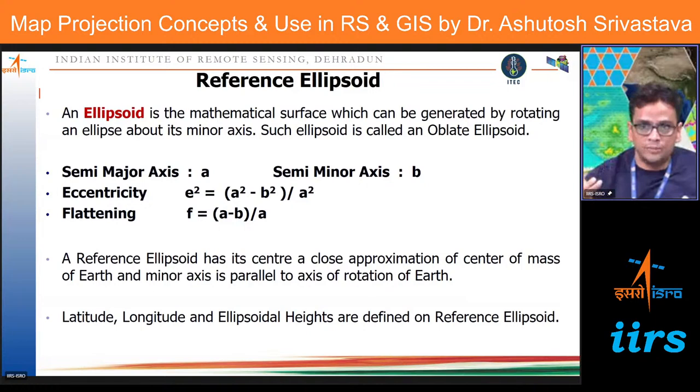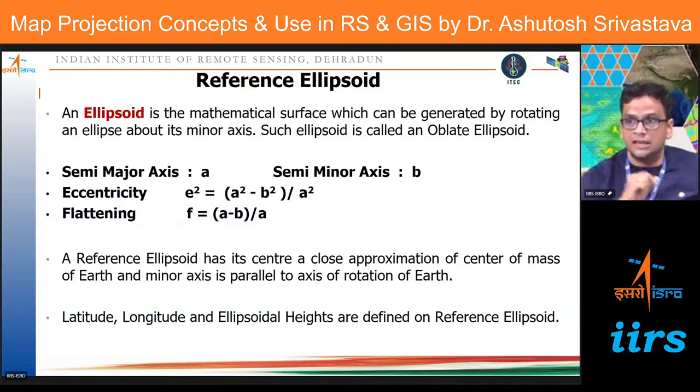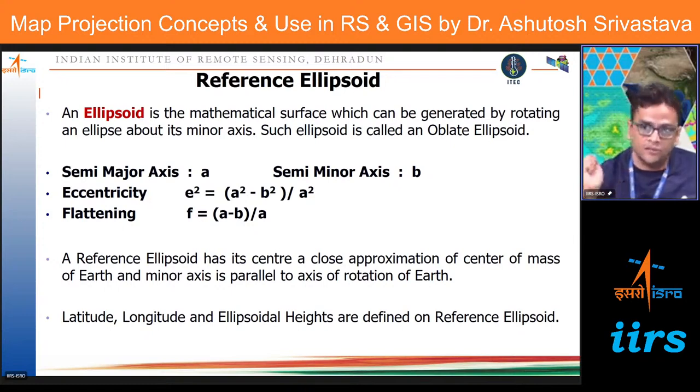A equals B means e will be 0. A equals B is the circle case. So in the circle case, eccentricity will be 0.